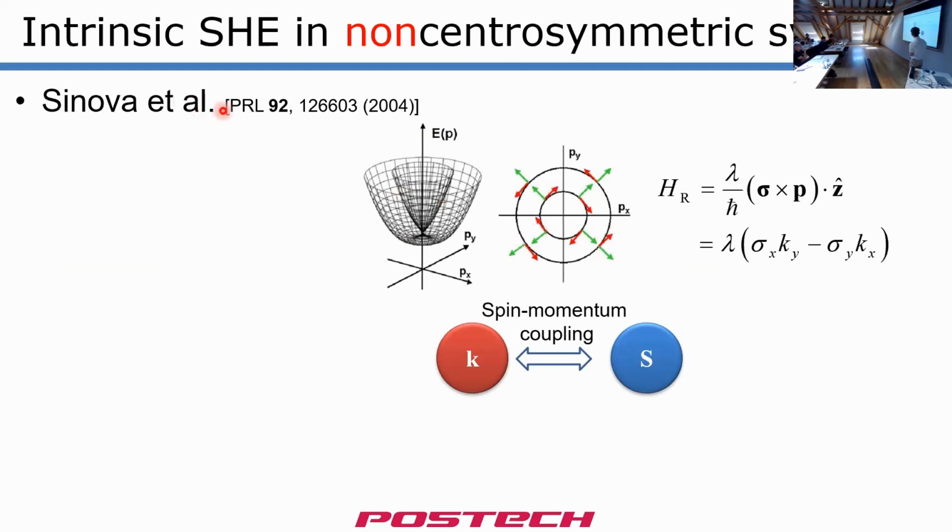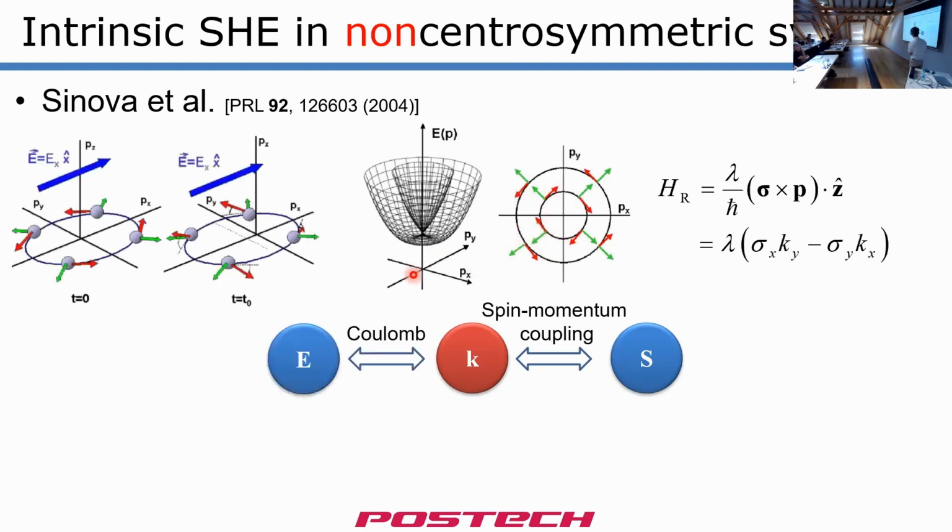Here I copied graphs from Hyun-Woo's insightful theory paper in 2004 that illustrates the mechanism of the intrinsic spin Hall effect in non-centrosymmetric systems. In non-centrosymmetric systems, crystal momentum can couple to electron spin. This coupling generates a momentum-dependent spin direction, which I may call spin texture. In the presence of a spin texture, suppose we apply an electric field.